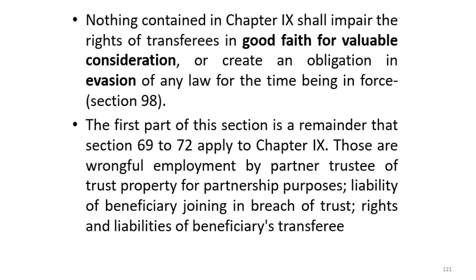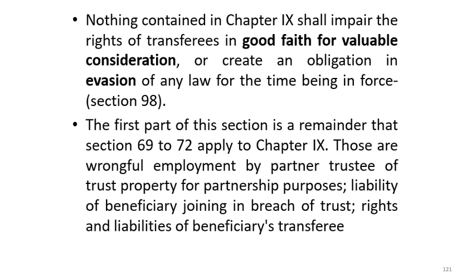That we have seen this section 98, that's the last section in constructive trust under chapter 9. Nothing contained in chapter 9 shall impair the rights of the transferee in good faith for valuable consideration.